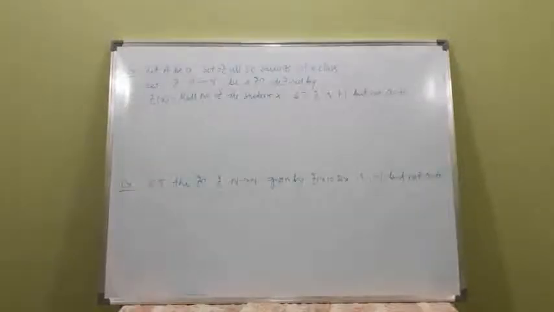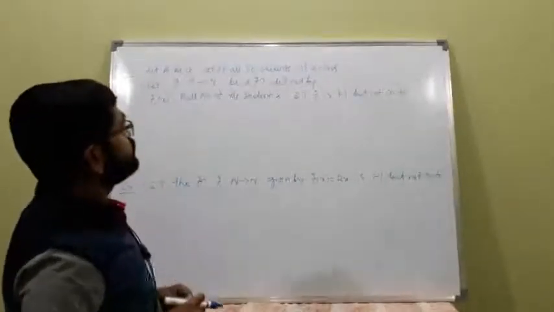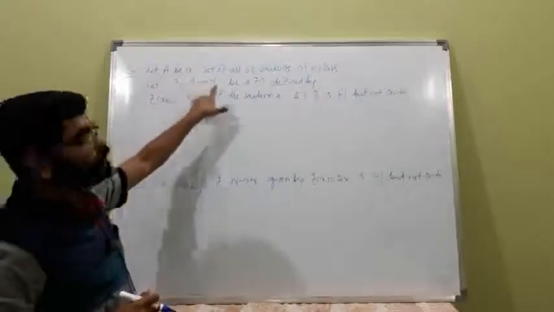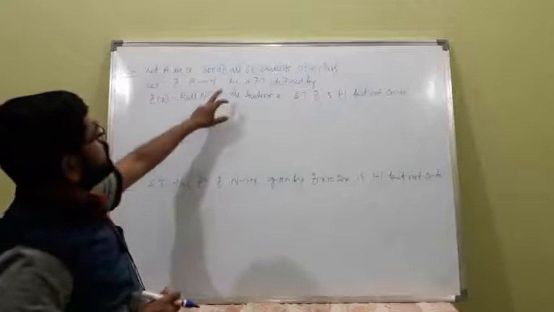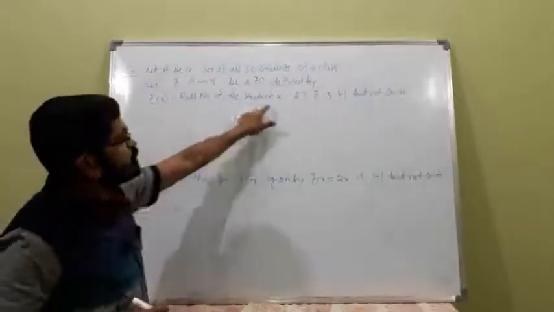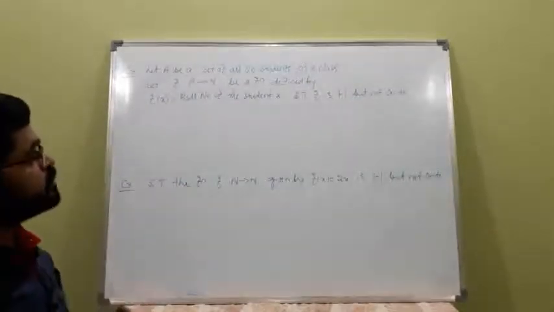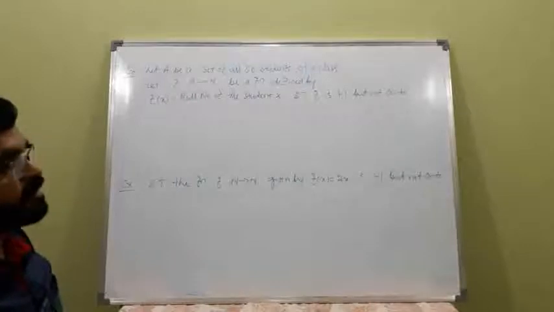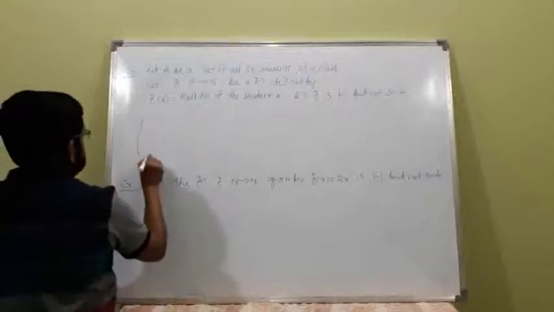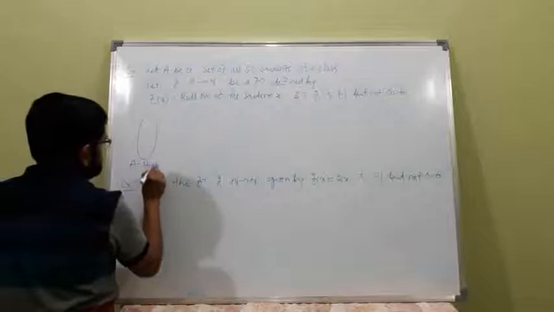Consider this example. Let A be a set of all 50 students of a class. Let the function be from A to N, defined by f(x) is the roll number of the student x. Show that f is 1-to-1 but not onto. Suppose the set A is the students of a class.